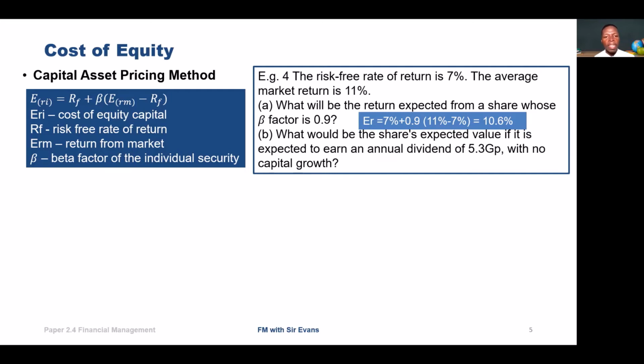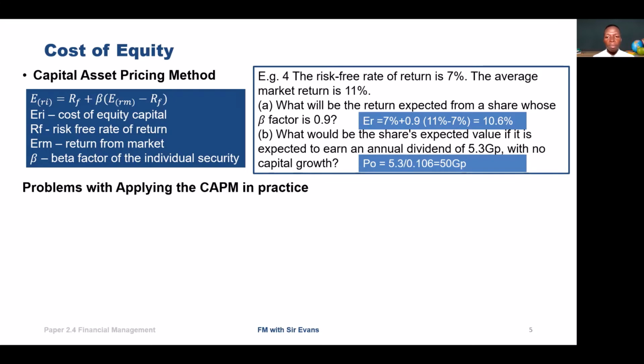So our KE being 10.6% will be equal to our D0, which is 5.3 pesos, divided by the P0. So this question is asking us for the expected value of the share. So it's a change of subject, which will be P0 to be 5.3 pesos divided by our 10.6% cost of equity, to give us 50 pesos value of the share.